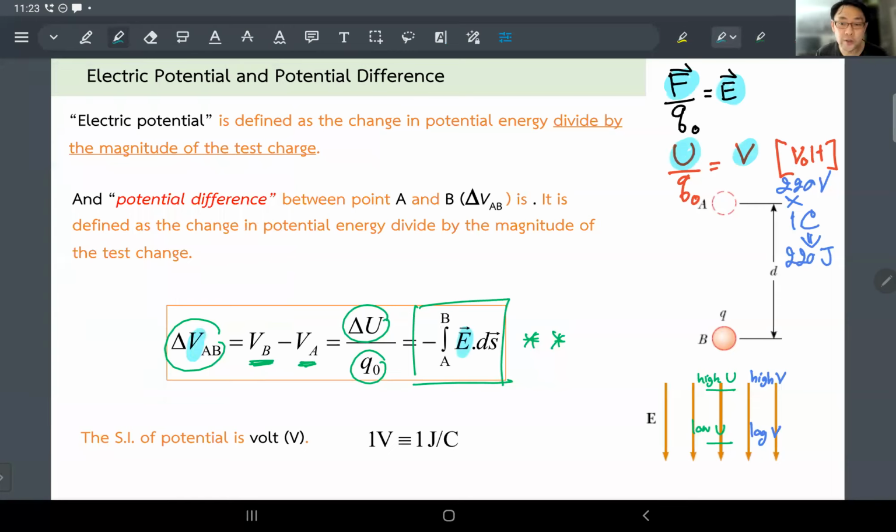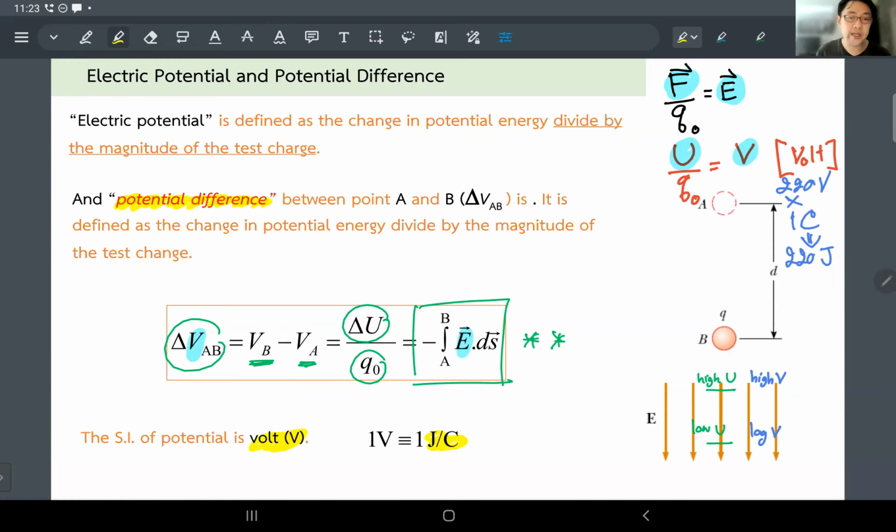I can conclude to you guys that we only have these 4 things to calculate. It's either force, the field, potential energy, or just the potential. And once again, the unit of this potential is volts, which is joule per coulomb. And that is done. You're going to hear a lot of this word potential difference.